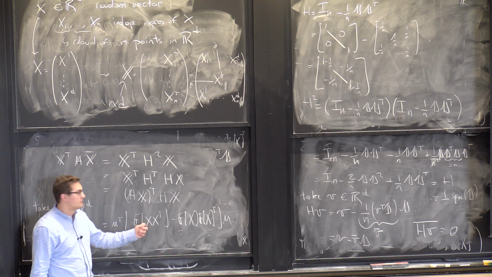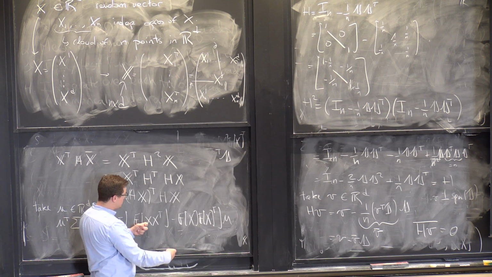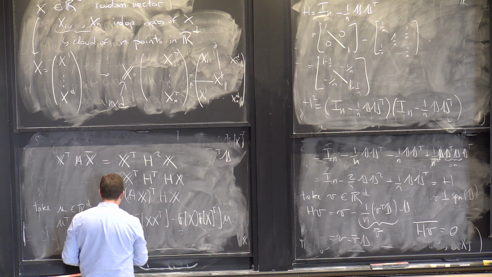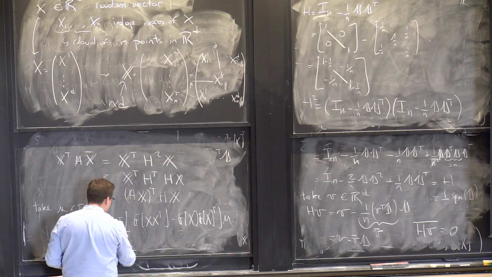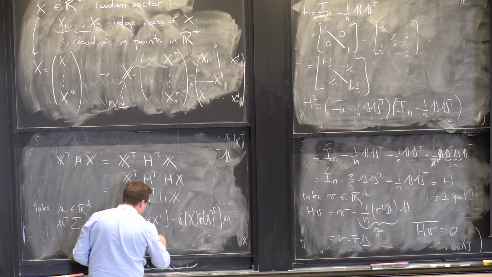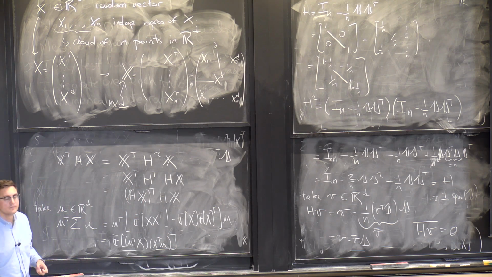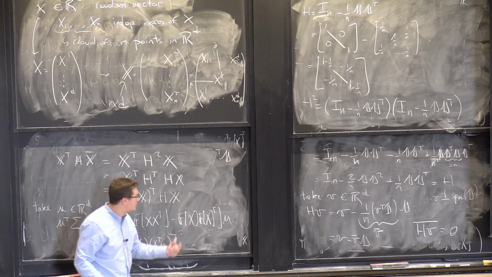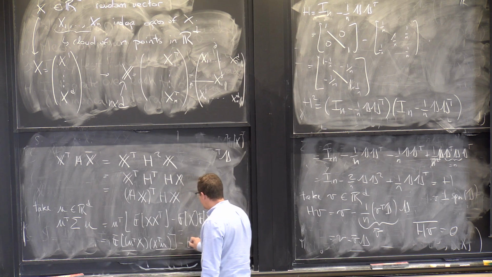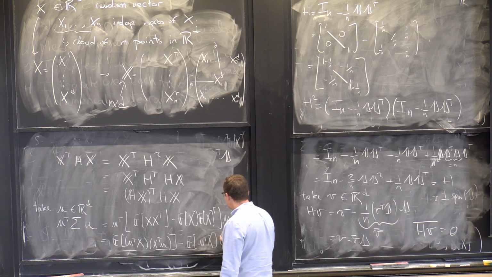Agreed? And I can do the same from the right. So when I push u transpose here and u here, what I'm left with is the expectation of u transpose x times x transpose u. OK? And now I can do the same thing for this guy, and this tells me that this is the expectation of u transpose x times the expectation of x transpose u.